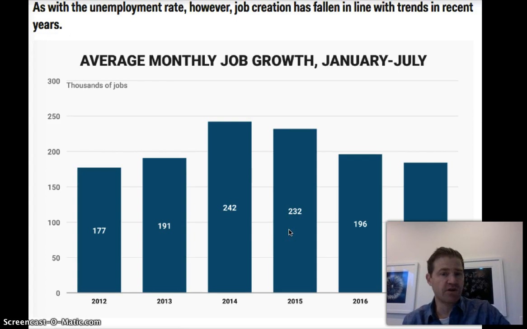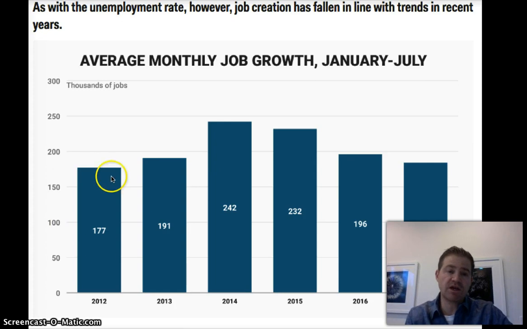A very interesting fact that you should know is that just to keep up with population growth, we need as a society to produce 150,000 jobs a month. So you can see that in 2012, as we're coming out of that Great Recession, we are just barely keeping up with population growth, meaning we need 150,000 jobs anyway to just keep up with the people being born.